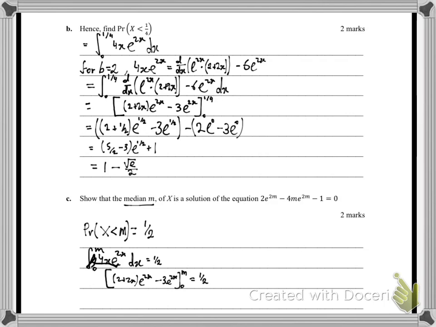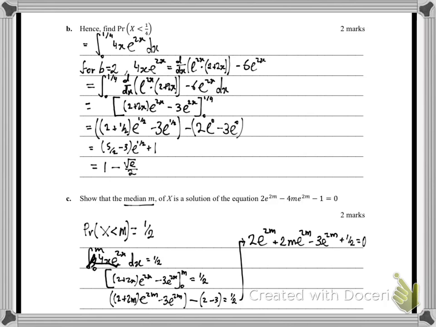But now this time we're just evaluating from 0 to m. Sub it in again as before. And now we've got to expand it all out carefully. Bring all the terms over to the left hand side like shown here, so it now equals 0 on the right hand side.